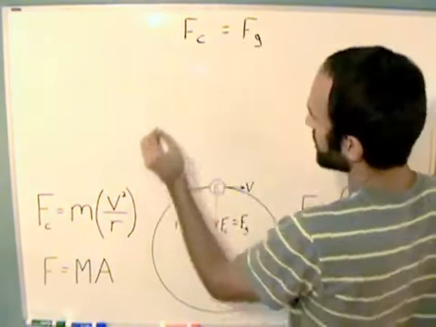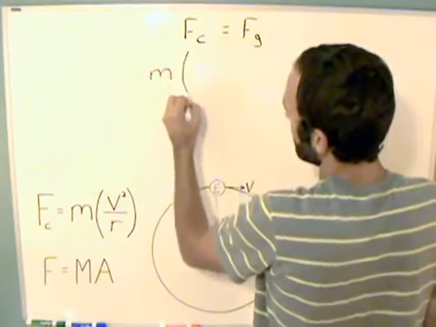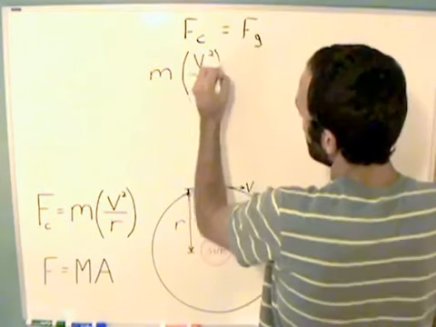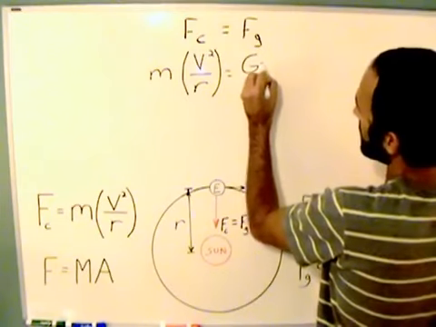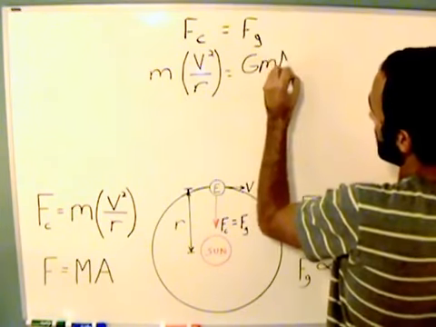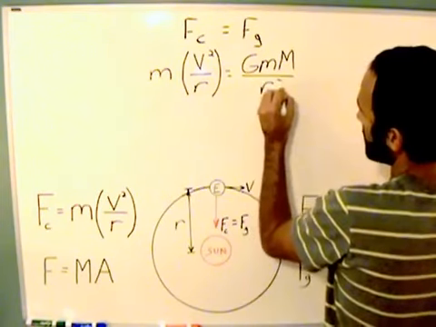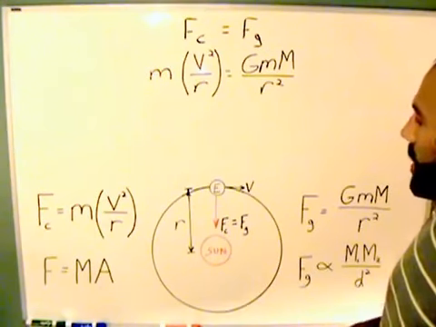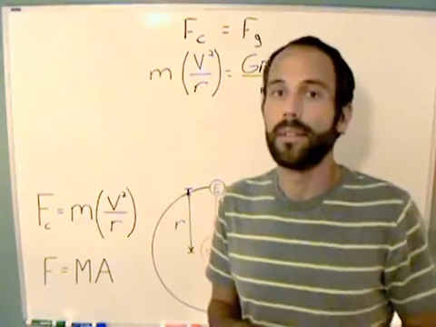The centripetal force is m times v squared over r, and that is equal to big G, the gravitational constant, times little m, the mass of Earth, times big M, the mass of the Sun in this case, over r squared.